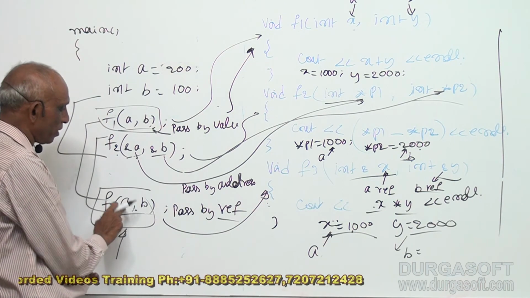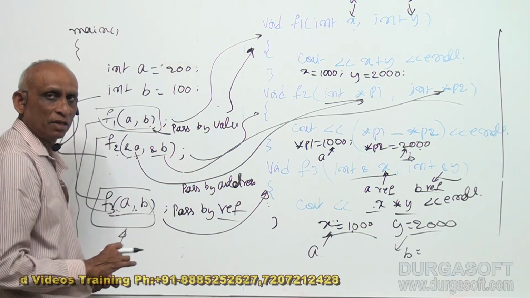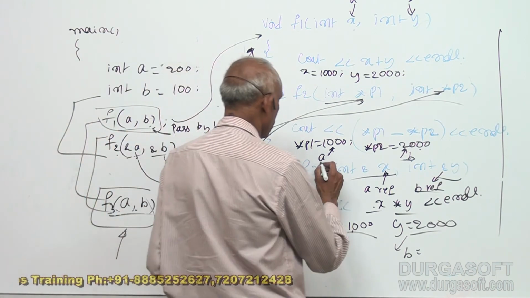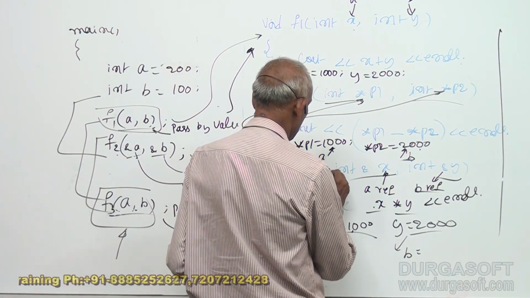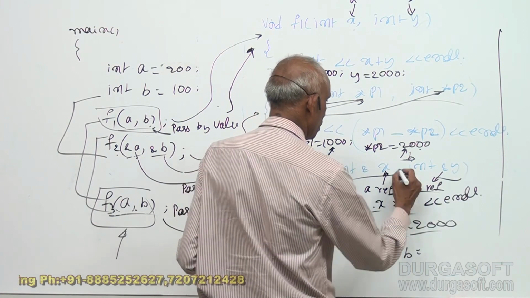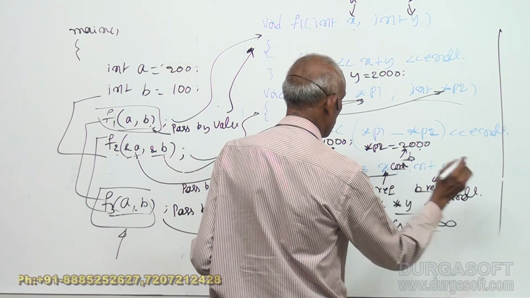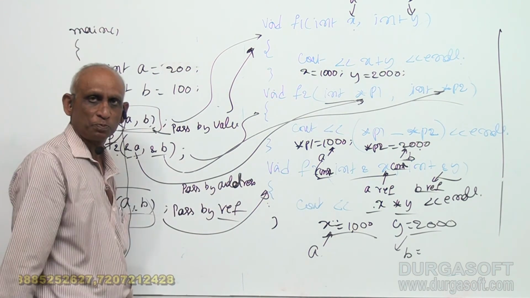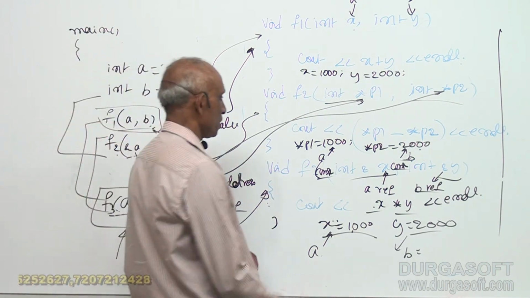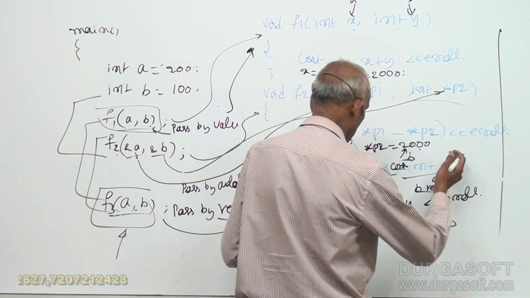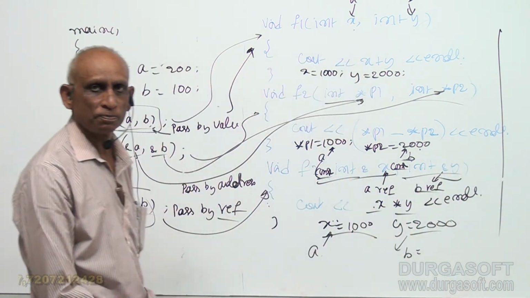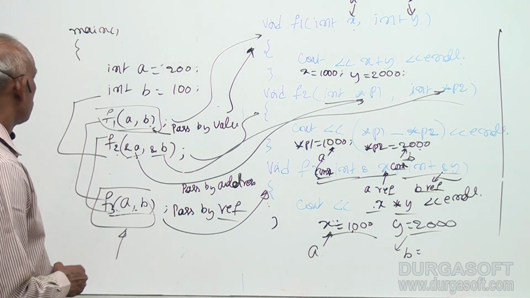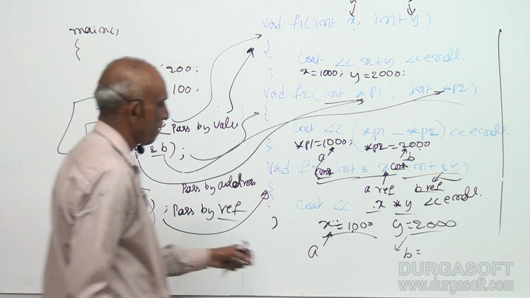If you want to modify through it, fine. But if you don't want to modify, you can still use reference by prefixing the parameters with const. Then the references are constant, and you can only read them, you cannot modify them. So these are all the three ways of passing parameters.